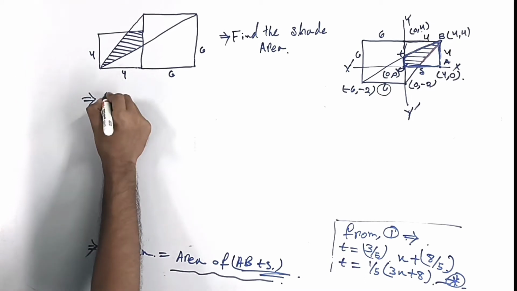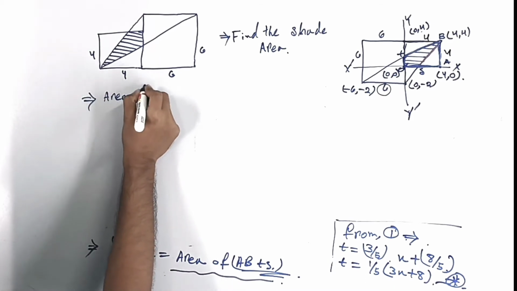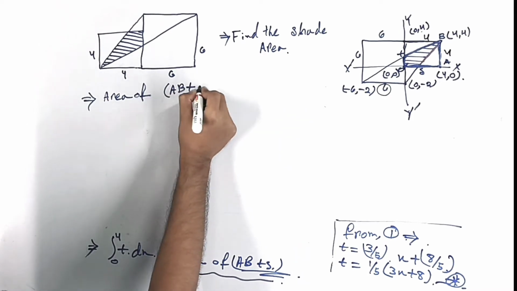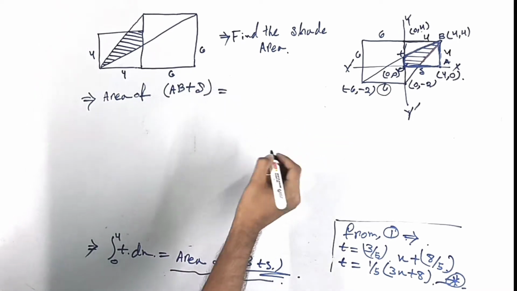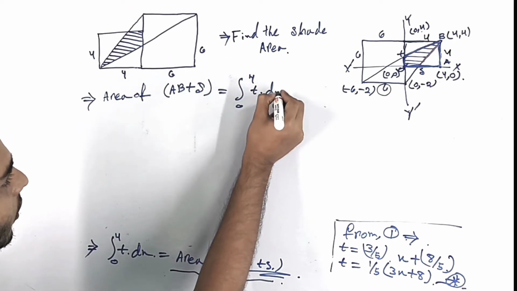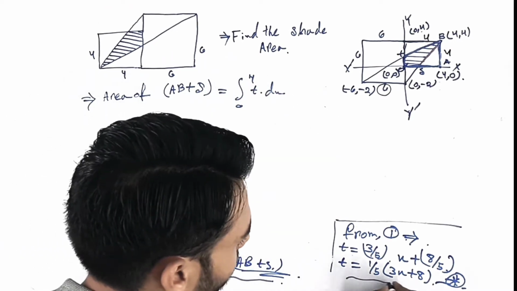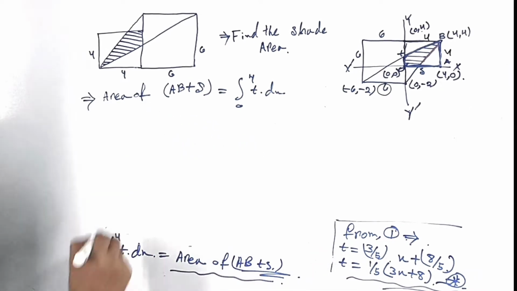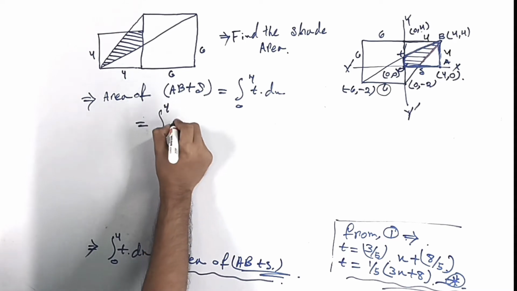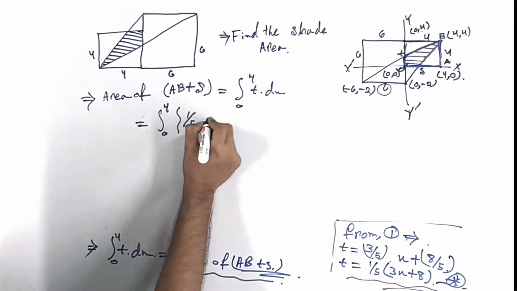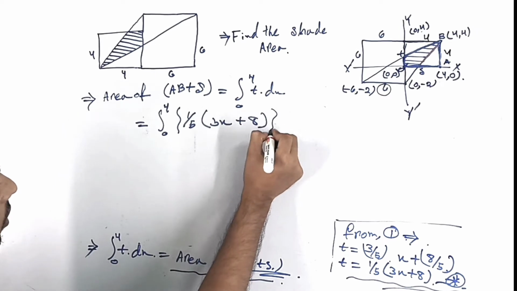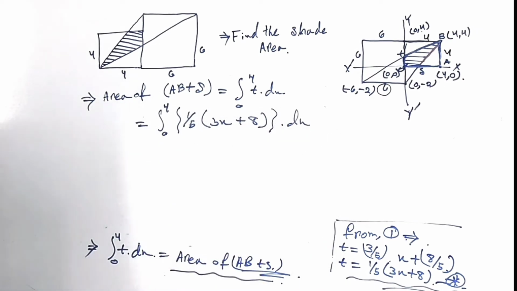So now this is the area of ABOTS, that's equals to the integration of 0 to 4 of t of dx. That's it, and from this the shaded portion is coming. T equals, we know, 0 to 4 of 1 by 5 times 3x plus 8 of dx. That's it.